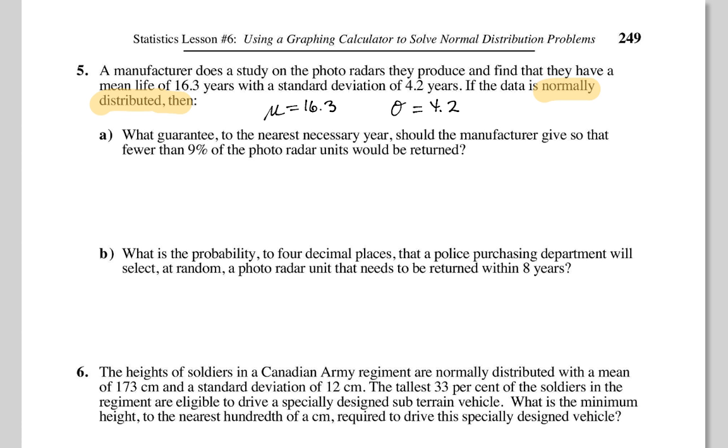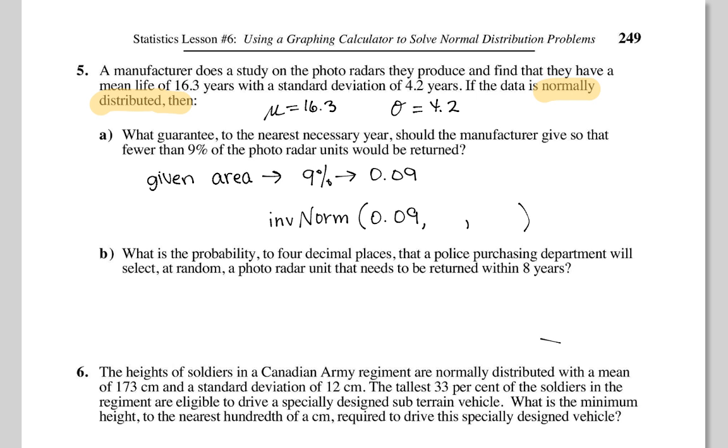Fewer than 9%. So they're giving us the area. Your given area, which is 9%, you'd have to switch that to 0.09. And then you can do this inv norm of 0.09. And now you have to put in this mu and then the standard deviation.